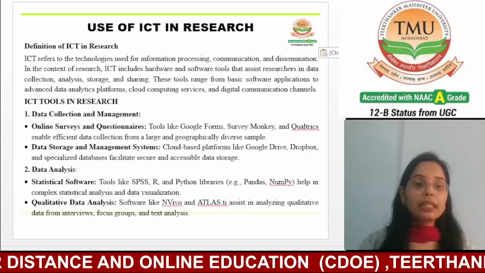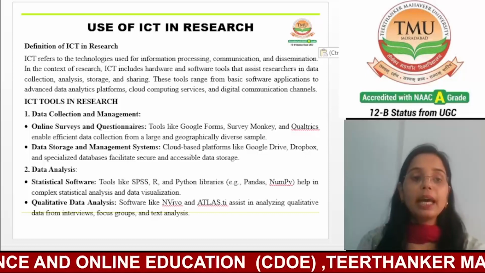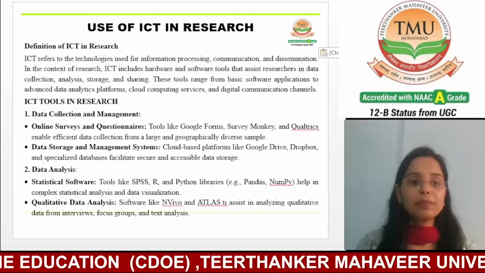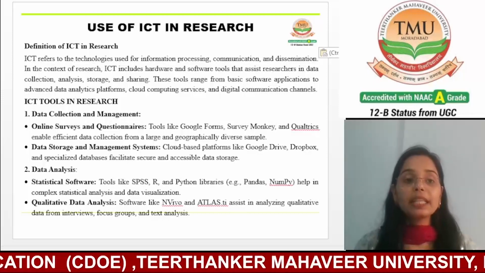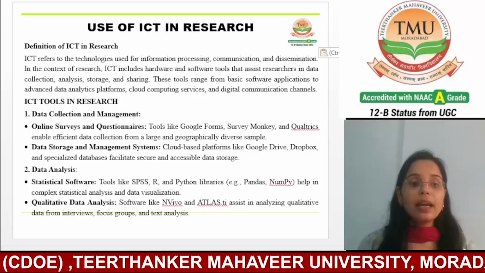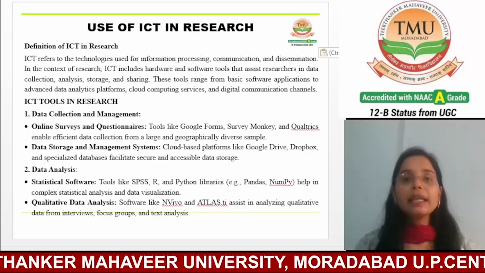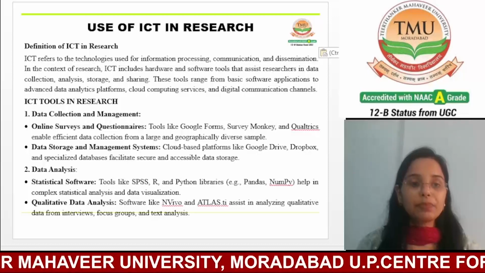That means these are programs that help you analyze and make sense of numerical data. Examples include SPSS and Excel. With the help of these tools, you can analyze the data very easily.